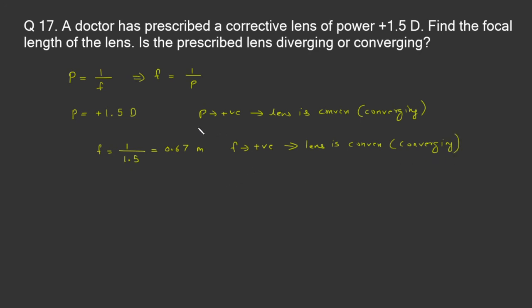So by looking at either P is positive or F is positive, you can say whether the lens is diverging or converging. So here we calculated the focal length of the lens is 0.67 meter, and since P is positive, lens is convex or converging.